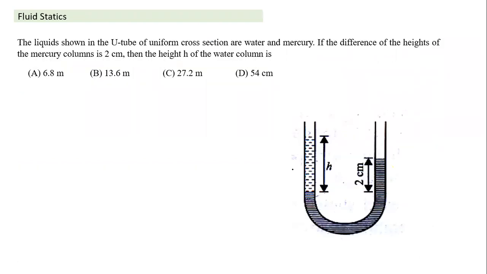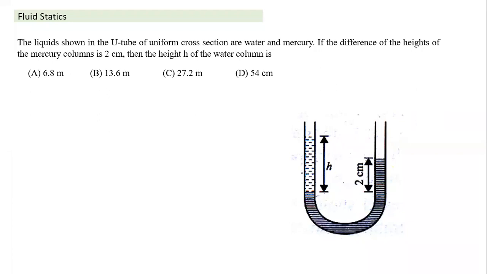Coming to a typical application of a fluid statics question. These questions are based on two simple things, and that's what we try to understand here. A U-tube is shown, and two liquids are filled. If you fill the same liquid, both sides of the liquid will rise to the same level, the same horizontal plane. But here it is a uniform cross section, and one side is water and the other is mercury.